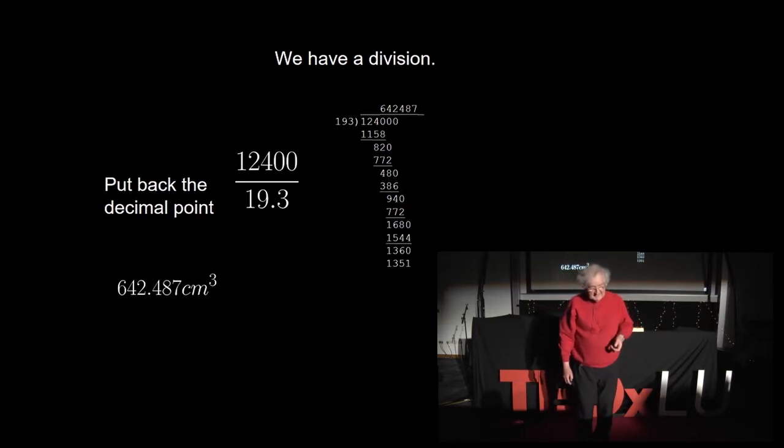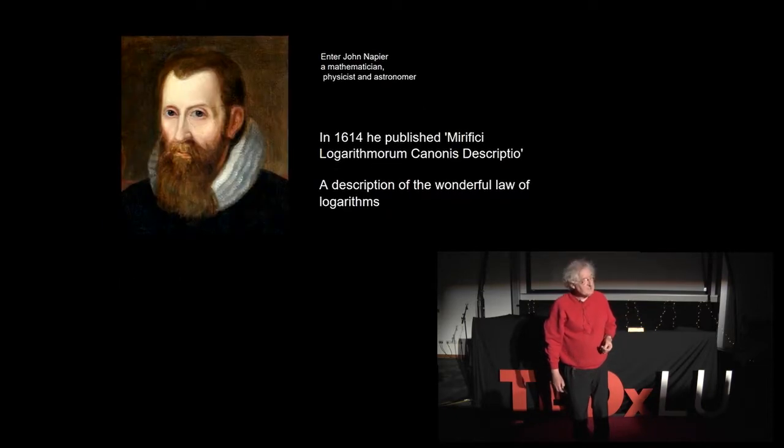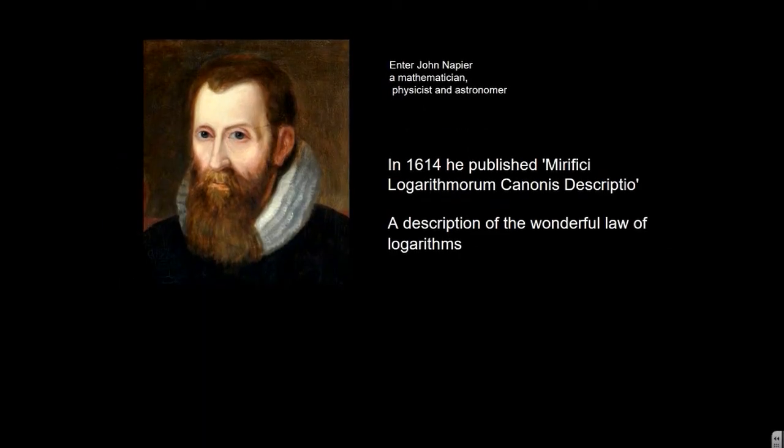And the next thing to come my way was this chap, John Napier, and in 1614 he published a paper, Mirifici Logarithmorum Canonis Descriptio, a description of the wonderful canon of logarithms. And what he wrote about it was this.